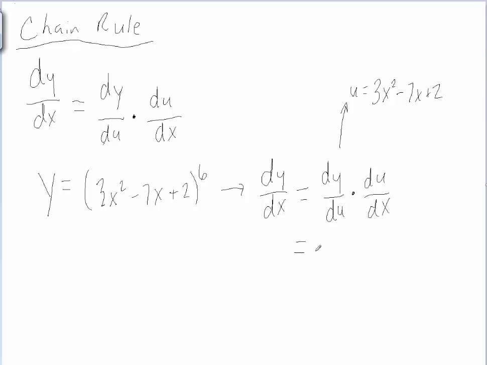So our function ends up being u to the sixth.